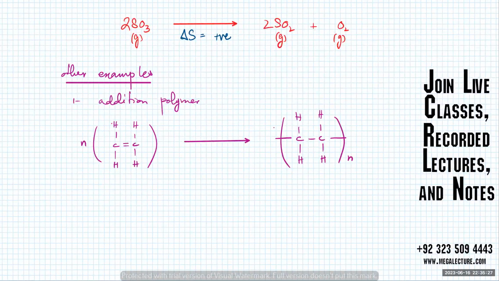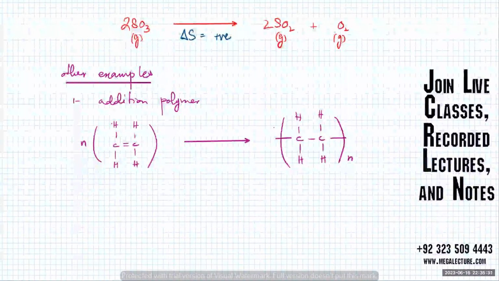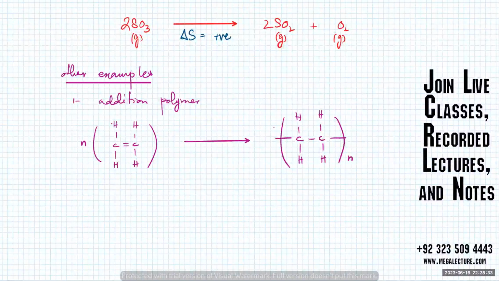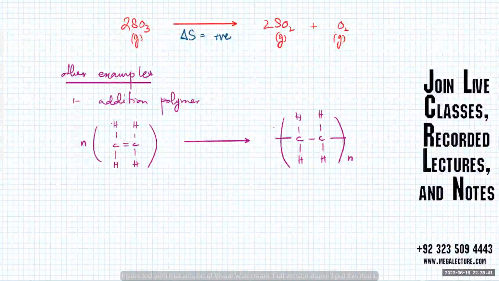What is this, negative or positive? Lots of monomers joining to form one polymer chain. Is it negative?